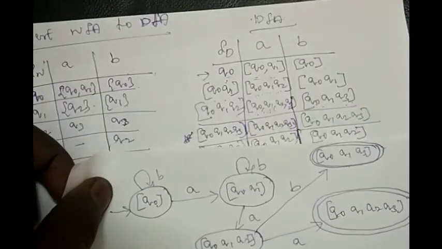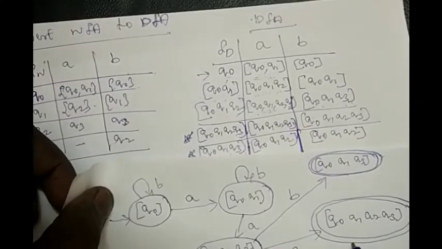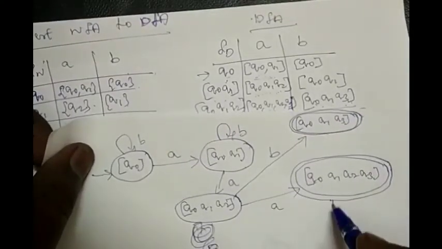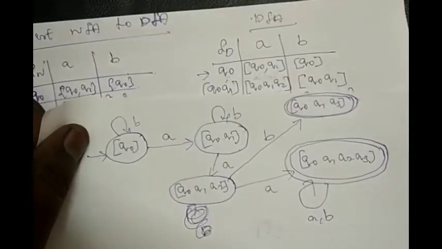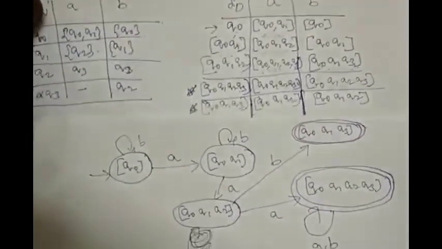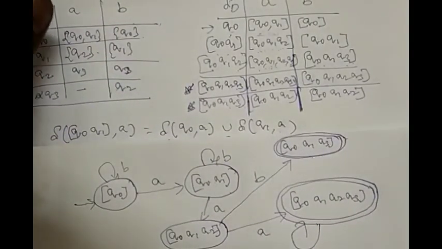Now I come to the fourth state, Q0, Q1, Q2 and Q3. When A or B is applied, it comes to the same state. Now the last one is the state Q0, Q1 and Q3.